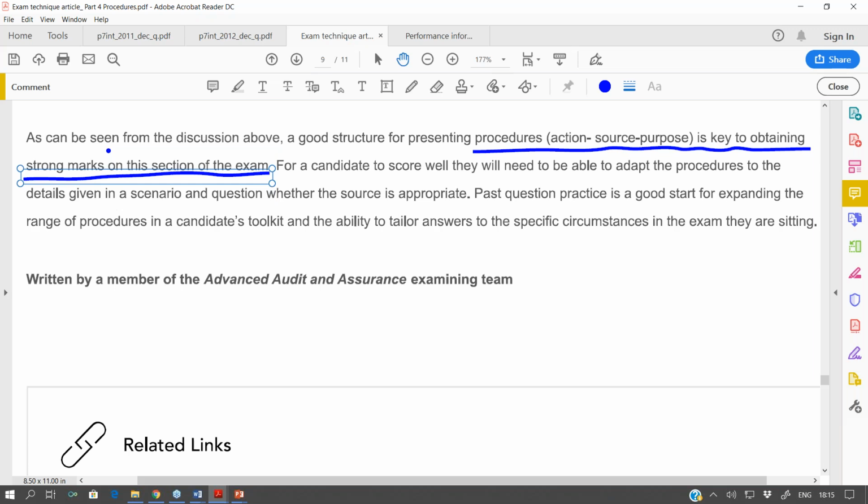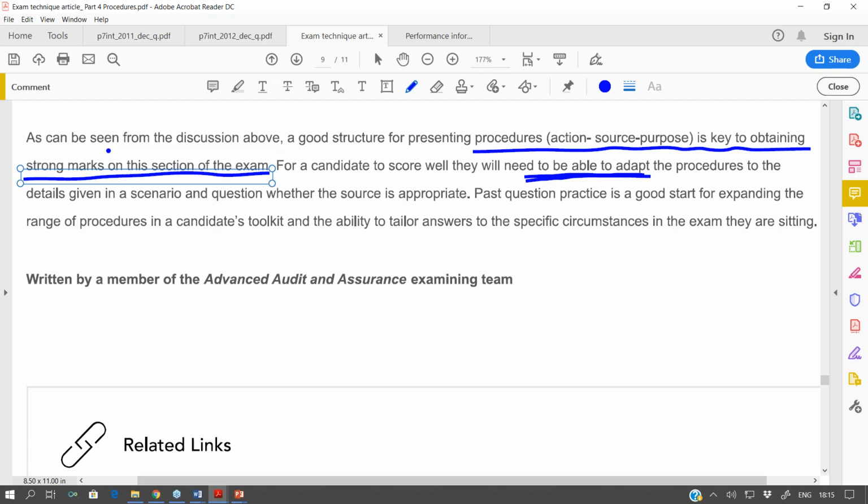Then the examiner says for a candidate to score well, they will need to be able to adapt the procedure to a given scenario. So the second thing is that you cannot rote learn a procedure. You need to adapt the procedure because you will be writing the procedure looking at a case study. So you cannot just go into the exam hall learning the procedures, but you need to see the case study and then adapt the procedures according to the case study.